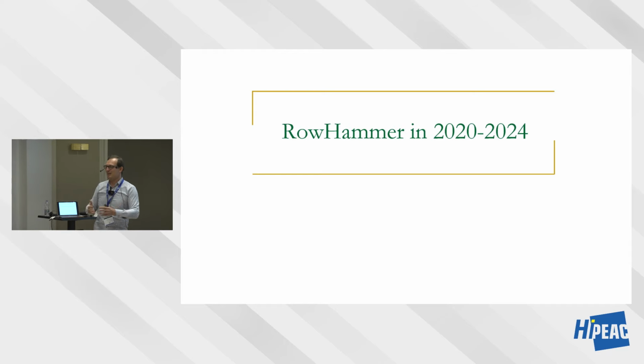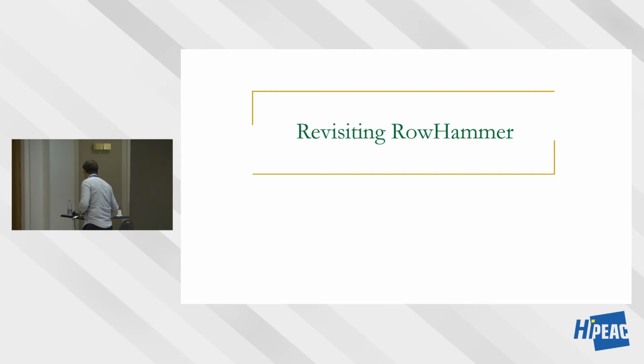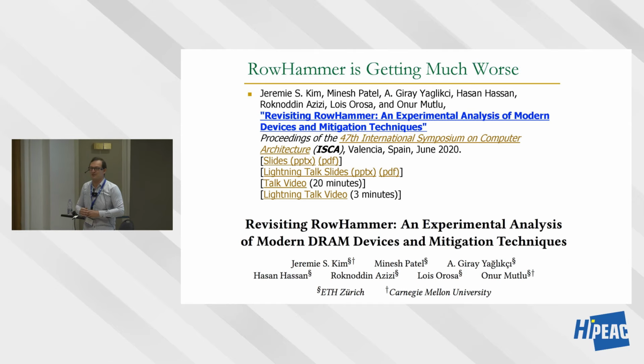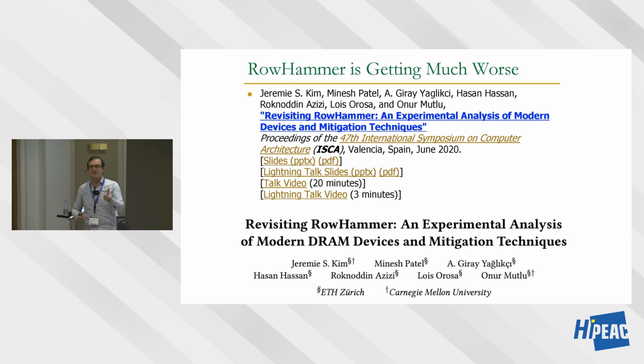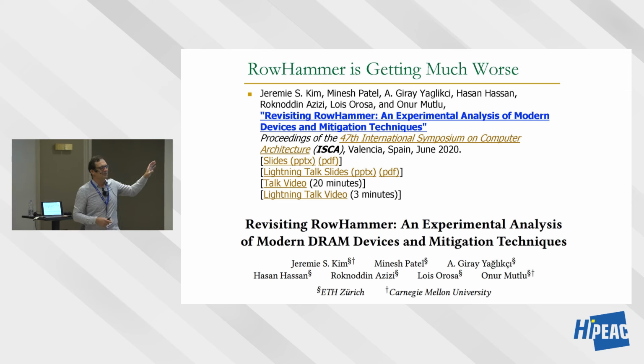Well, of course, this is not just about claims, it's about data. So what we did was, we basically asked the question, are they really right? Did they really solve the problem? And we asked the question in two different ways. One is at the device level, which is, I have this device, I discovered this problem like 6 years ago, or 5 years ago, because this research started in 2018 or so actually.